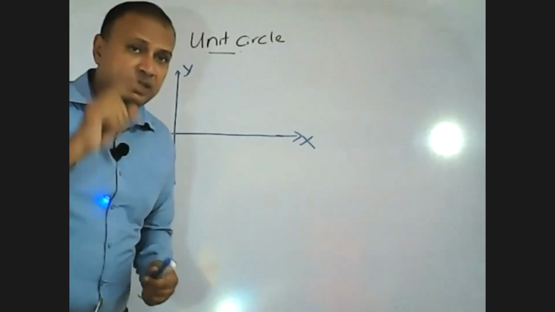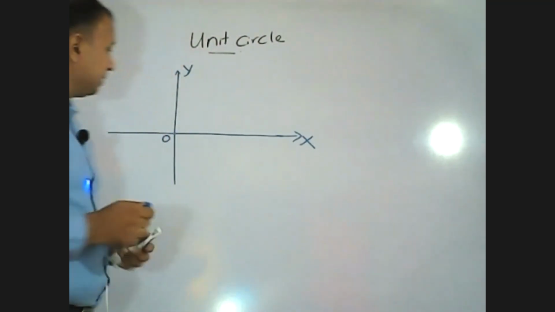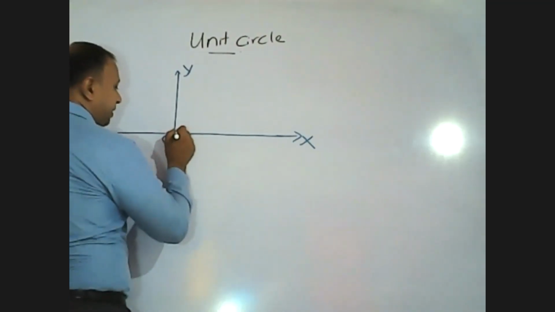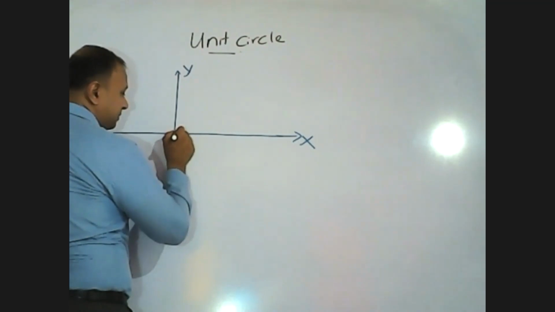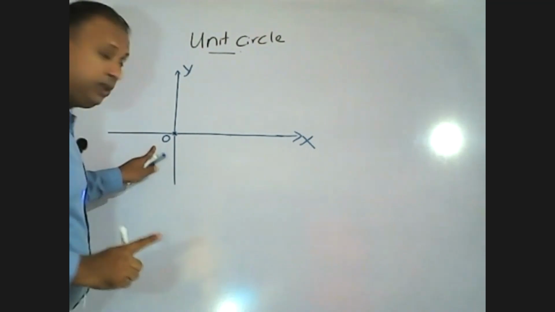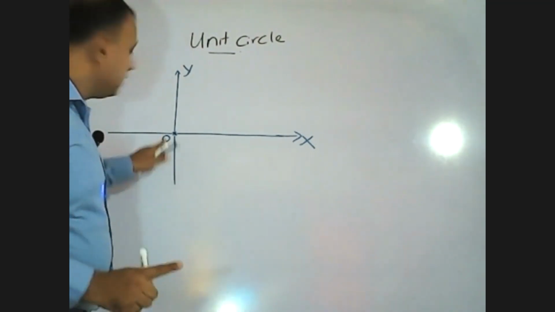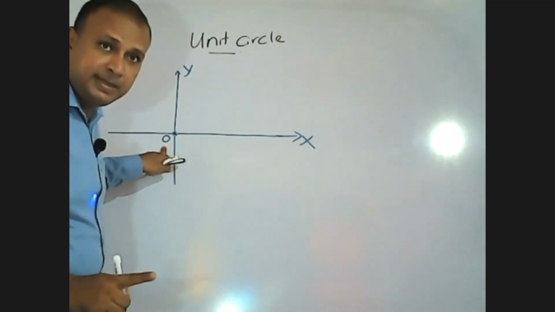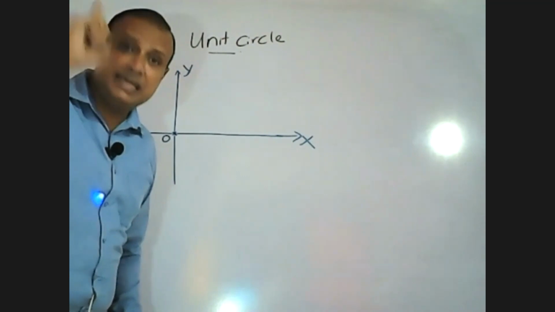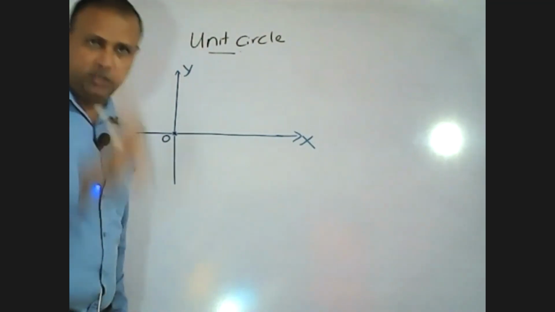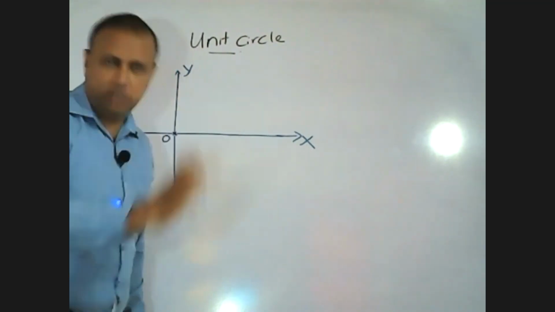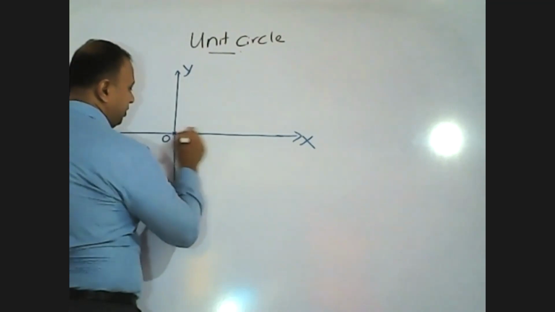So, if we draw a circle on the Cartesian plane, something like this, where the center of the circle is the origin, and the radius of that circle is 1 unit. Okay, 1 unit means 1 centimeter, 1 meter, 1 unit.